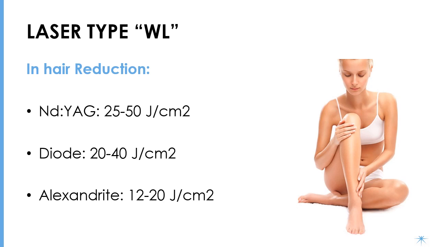Why would the alexandrite require less fluence than the Nd:YAG, for example? Because the alexandrite is higher in absorption by melanin, so less fluence will do the job, whereas the Nd:YAG, because of its low absorption by melanin, we have to compensate the low absorption by increasing the fluence.